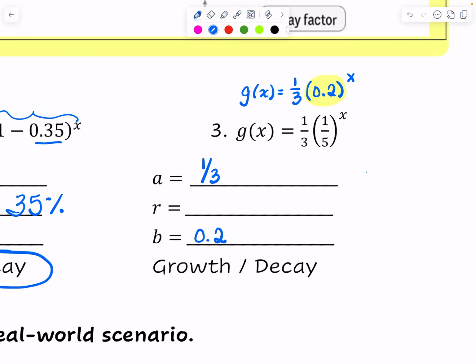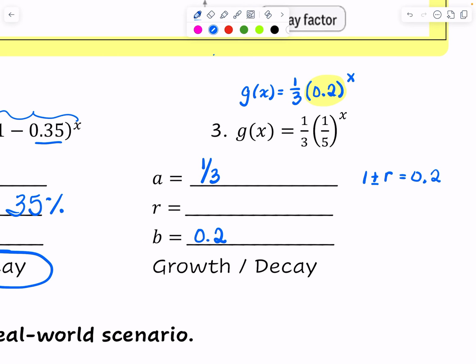So if it was 1 plus r equals 0.2, or 1 minus r equals 0.2.